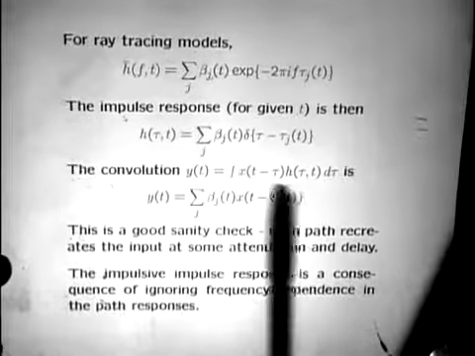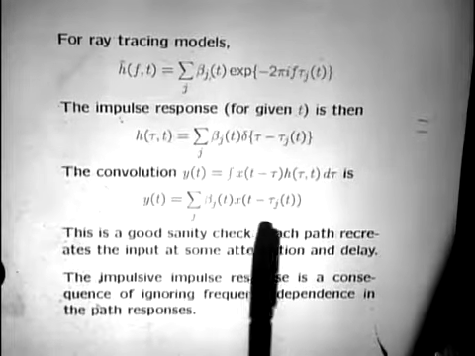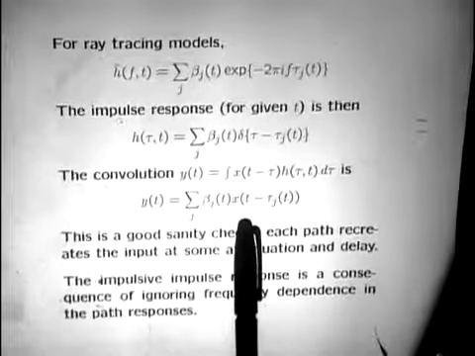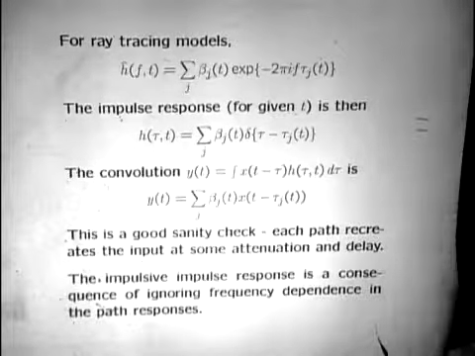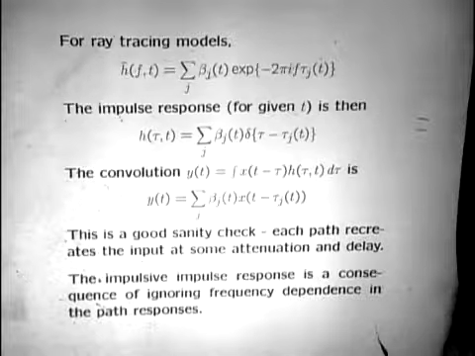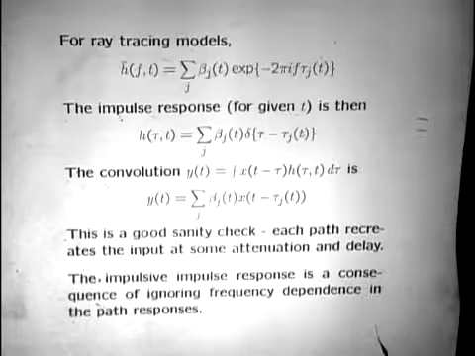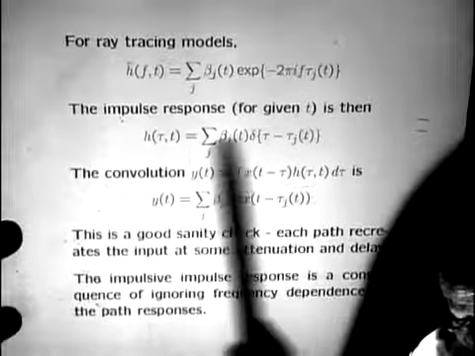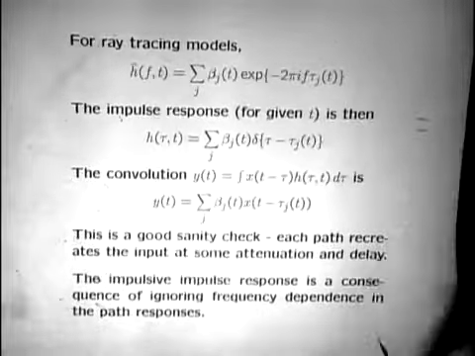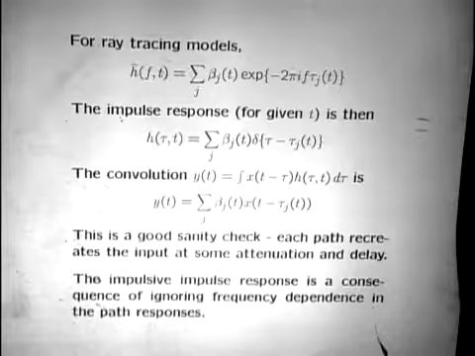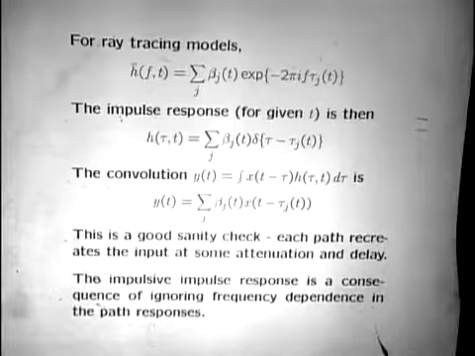If this input term, x of t, is in fact a narrowband term, I guess the way to see that is to look at this expression here. Let's look at this expression.